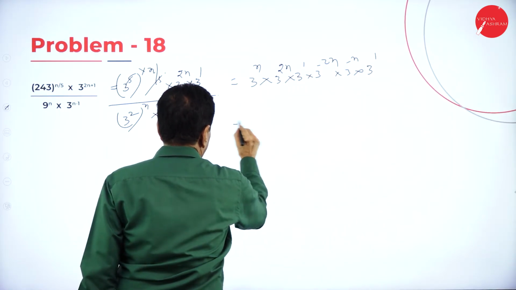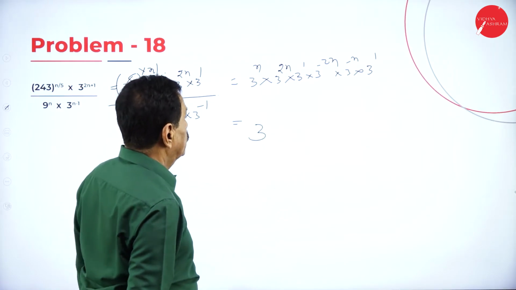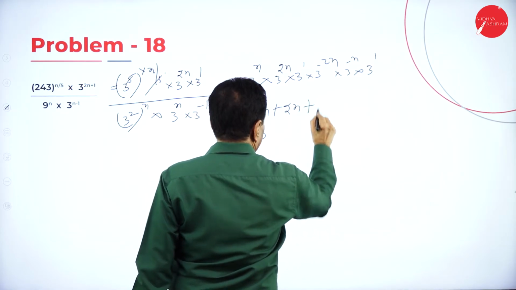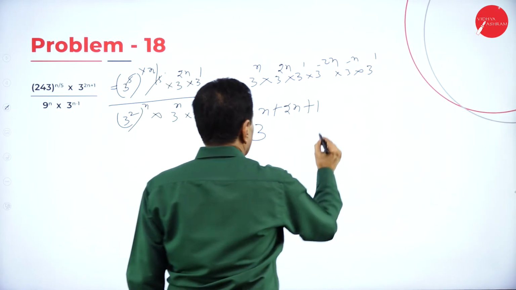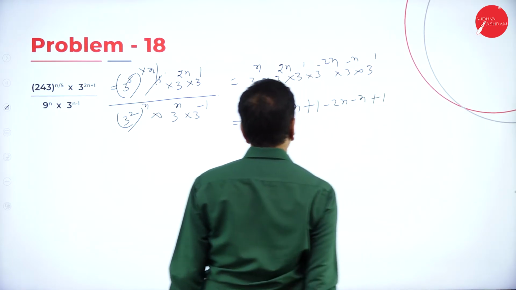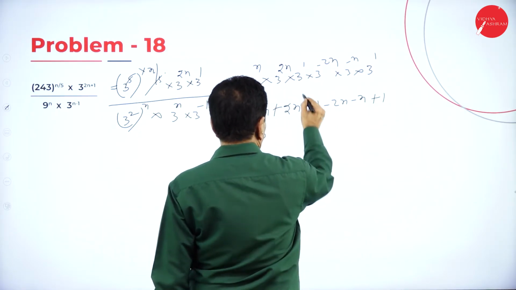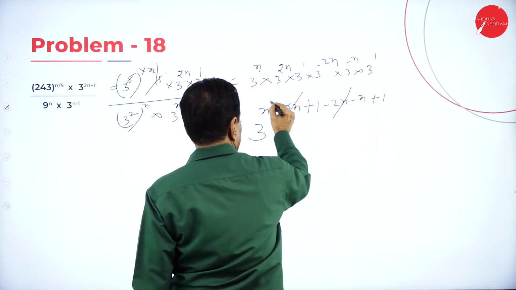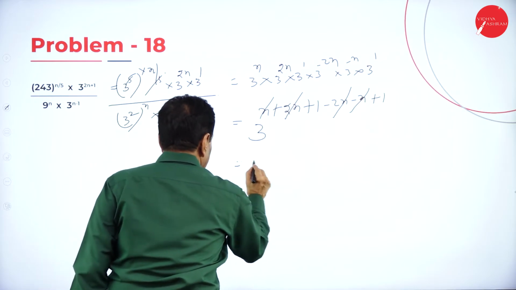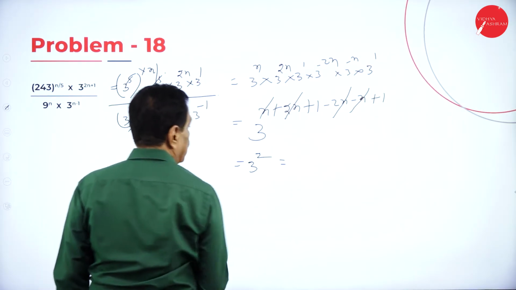So take the 3 to the power of n plus 2n plus 1 minus 2n minus n plus 1. So 2n cancelled out, n cancelled out, plus 1 is 2. This is 3 square. 3 square is 9.